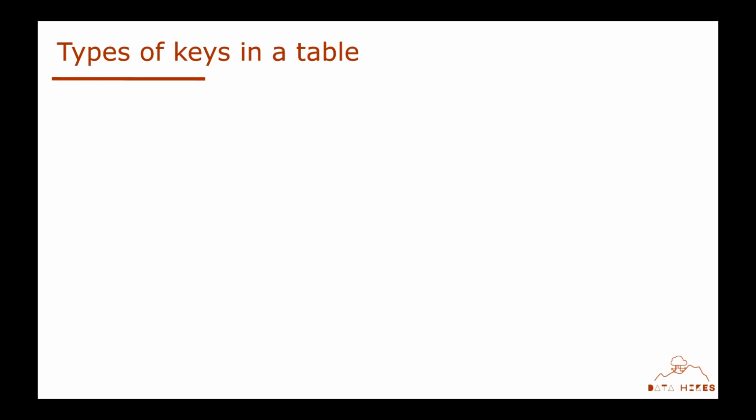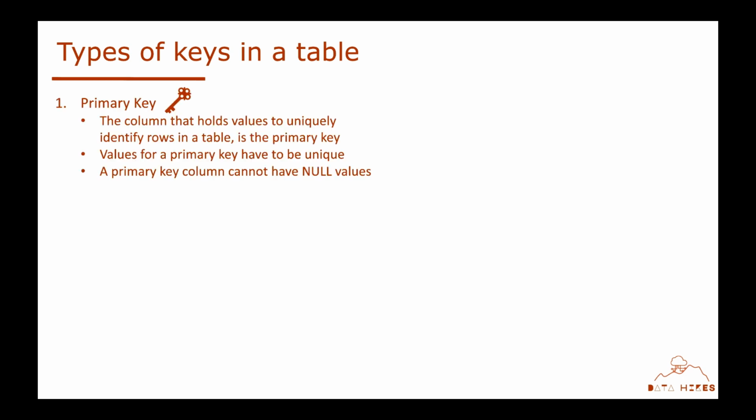Now we look at types of keys in a database or in a table. The first is the primary key, the column that holds values to uniquely identify rows in a table. This is the primary key. There are two conditions that a primary key has to satisfy. The first one is it has to be unique. So all values in a primary key column have to be unique.